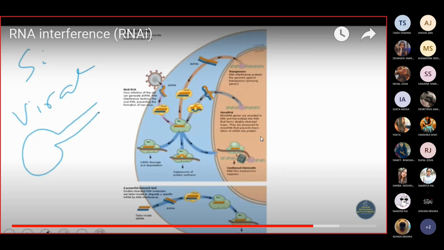But as I said, there are significant challenges in terms of delivering this. Even if you deliver, all the cells have to take it up, right? And even if the cells take up, there is a spread of RNAi. Each of those challenges are very complex. Those challenges have to be understood in detail before this can progress further.